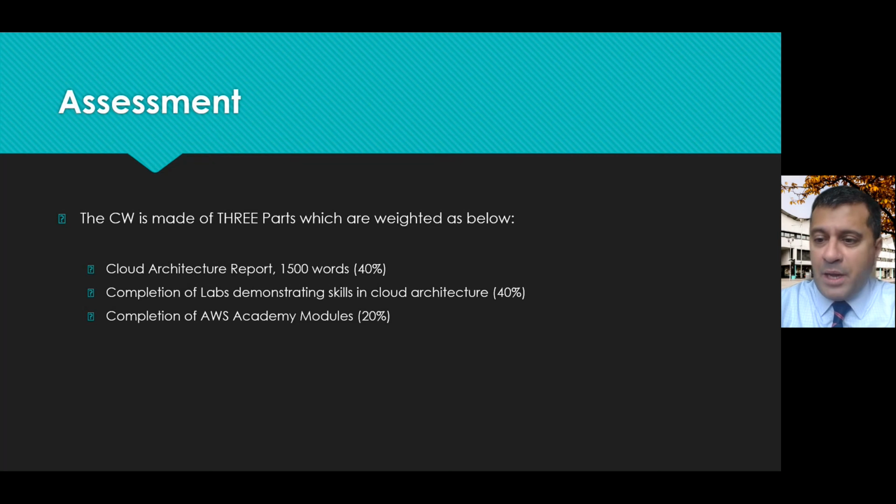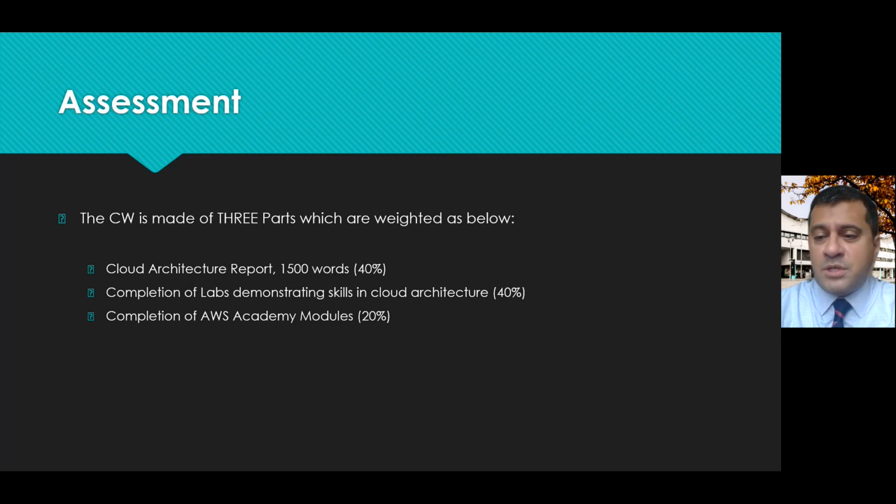So by coming to the lab sessions on time and completing your lab sessions on time, you've already gained 40% of that module, which I think is brilliant. Within the content we also use AWS Academy modules. These have quizzes which help you gain an understanding of AWS content.